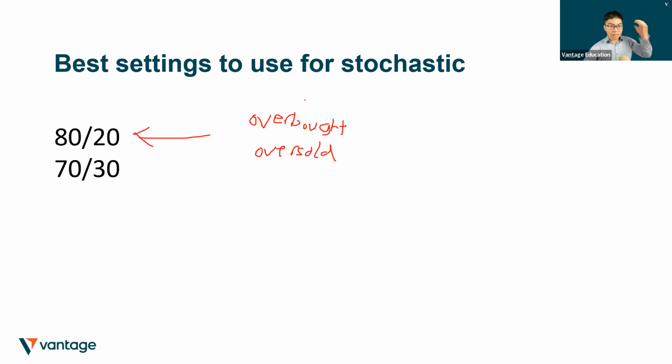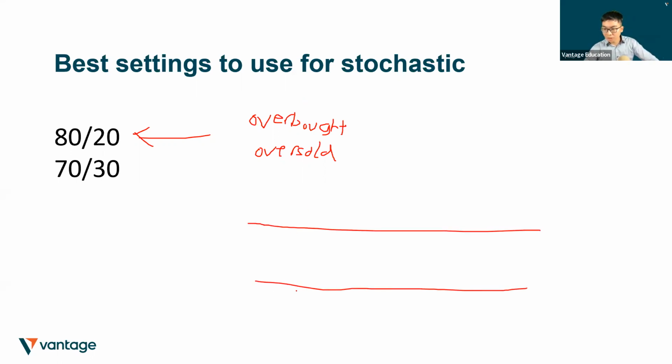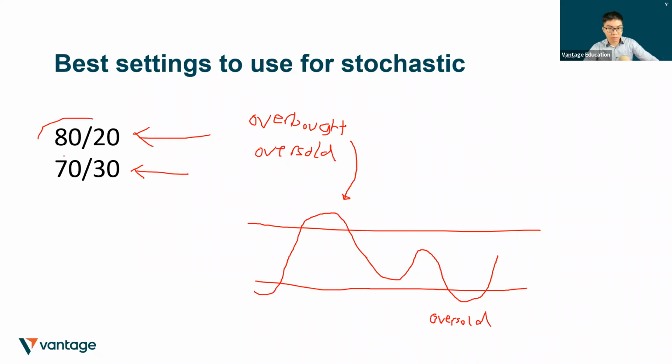When the stochastic lines go above 80, it means the market is overbought. But when the lines go below 20, it's oversold. That is just the very basics. You can set it to 70 and 30, but the most commonly used one is 80 and 20.